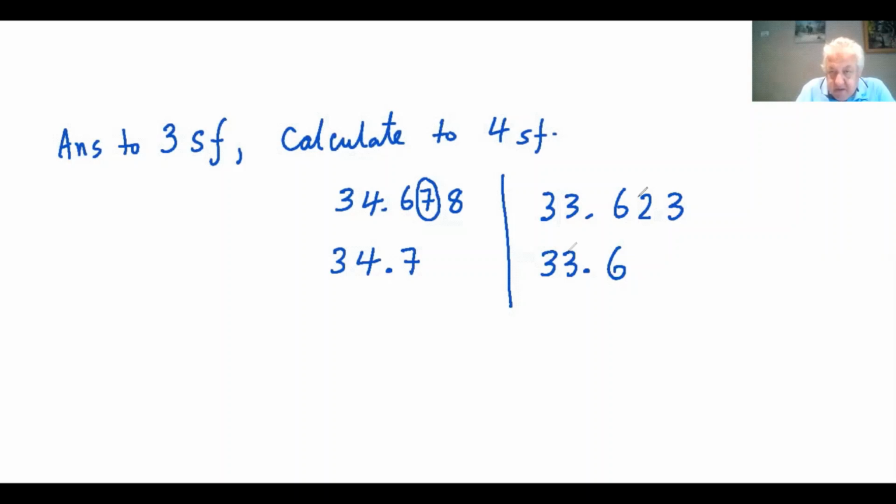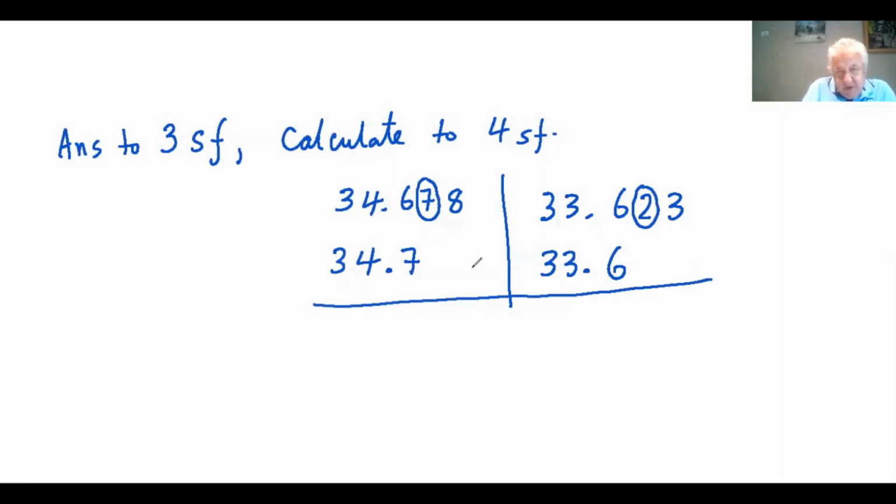Similarly here, I look at the fourth significant figure, and if it's 4 or less, I leave the third significant figure unchanged. So this is the rule. 5 or above, I add 1. 4 or below, I leave unchanged. So those are significant figures.